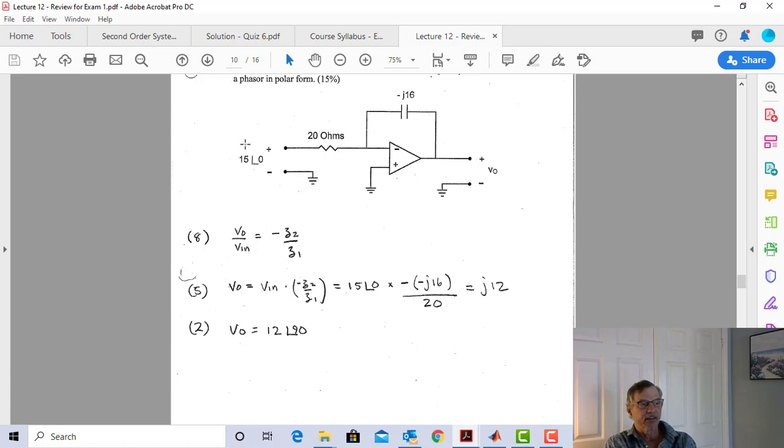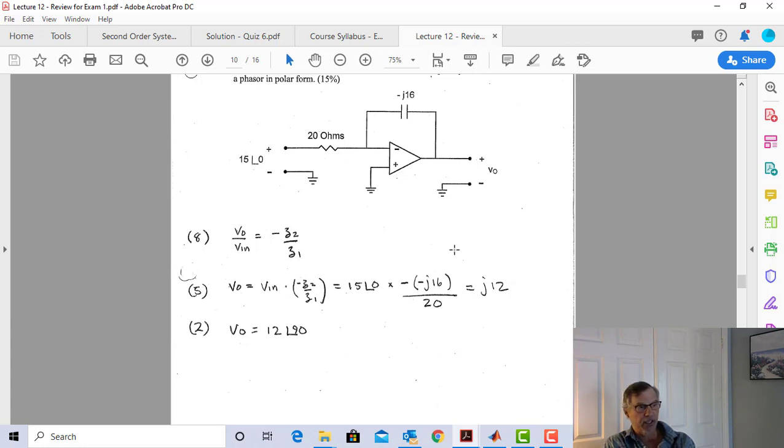Pretty neat. It took Vin and it shifted the phase by 90 degrees. Isn't that cool? So if I put a cosine in here, I'm going to get that cosine with a phase shift of 90 degrees.